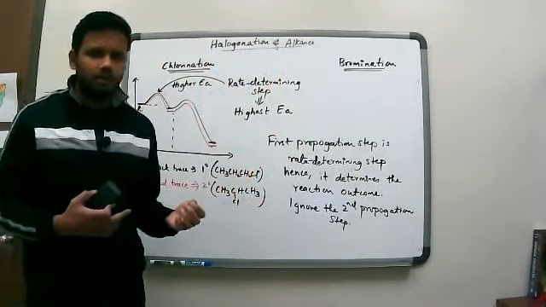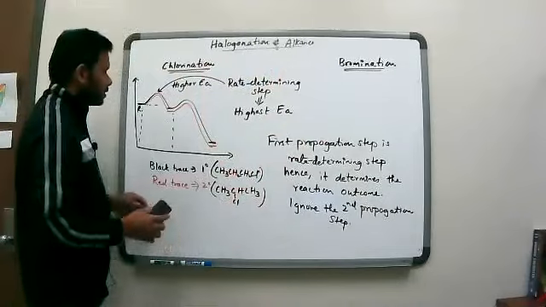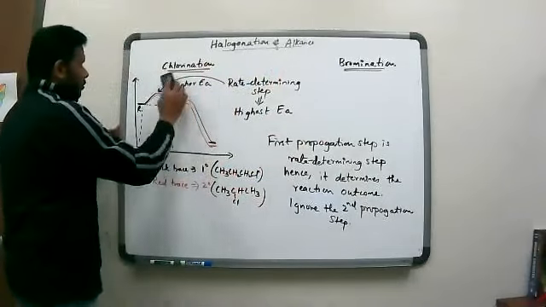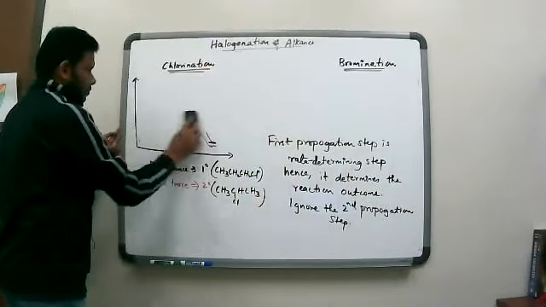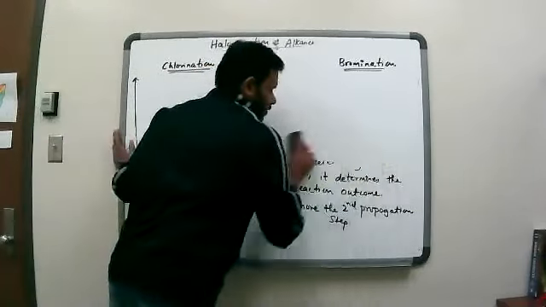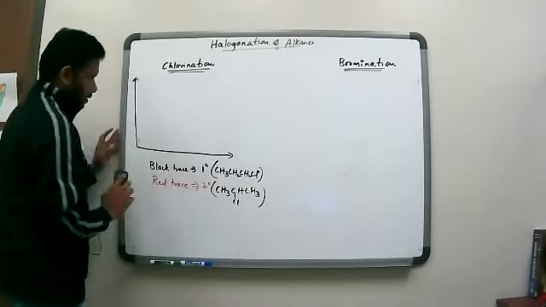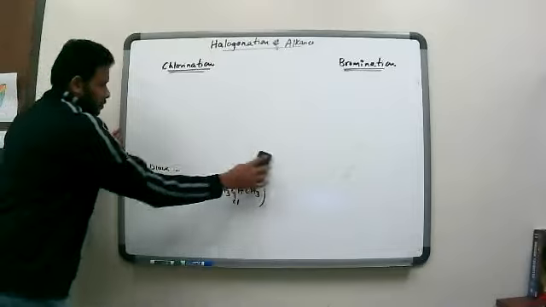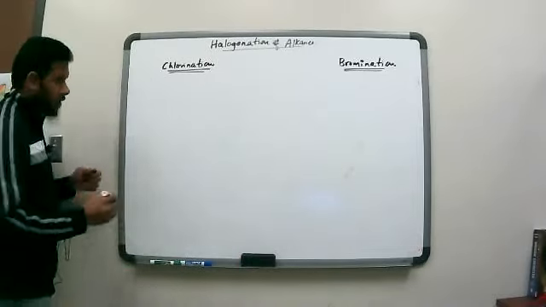That is what we're trying to understand here. Why is bromination a more selective reaction? Okay, so let me go ahead and quickly fix this. I'm going to erase that as well. And now I can draw this a little bigger, slightly bigger.